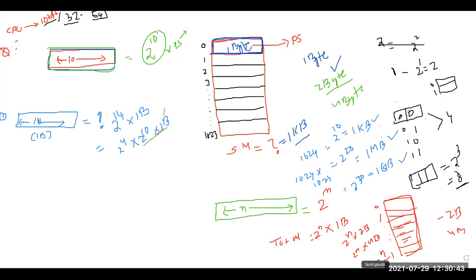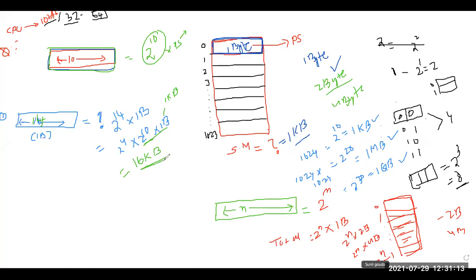So what is the maximum memory supported? It is 2 to the power 4, which is nothing but 16, and this is your KB, 16 KB. That means if your CPU is using 14 bits for address generation, then how much memory will it support?